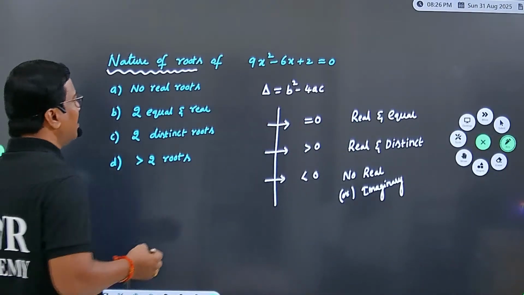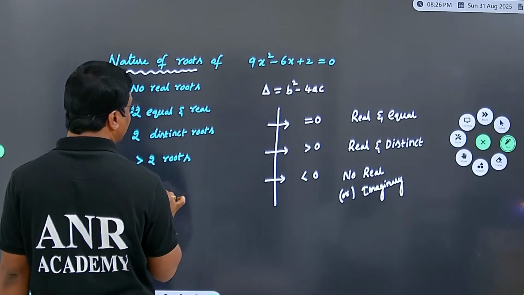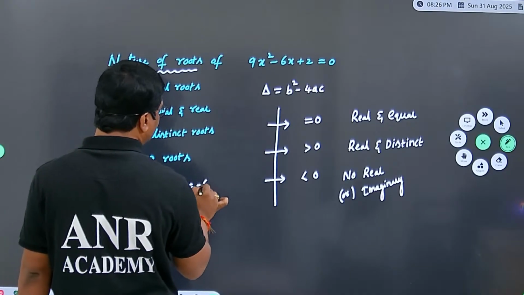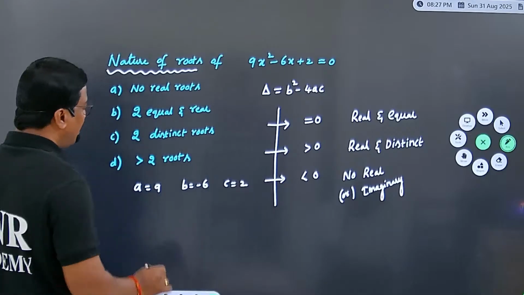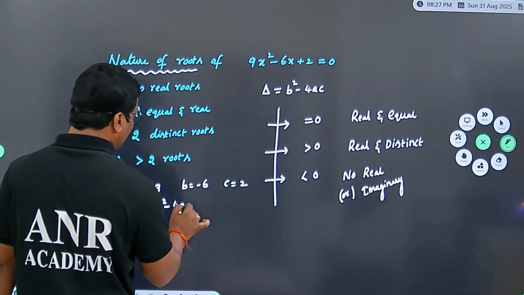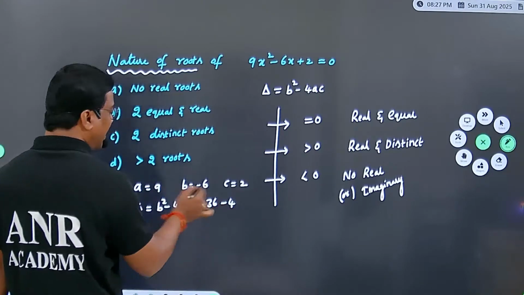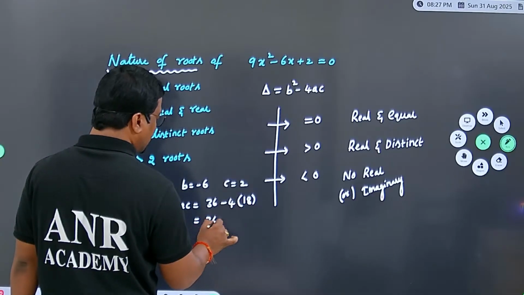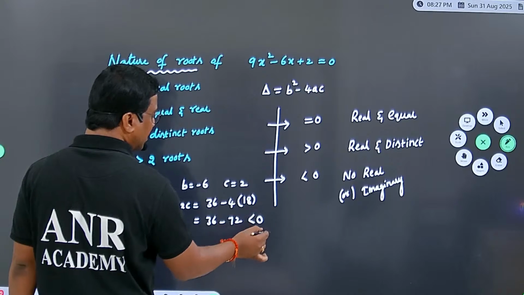Here, the value of a, the coefficient of x square, is 9, the value of b is minus 6, and the value of c is 2. Let us find the value of delta. b square minus 4ac: b square value 36, minus 4 into 9 into 2, that is 72. 36 minus 72, clearly it is a negative quantity.